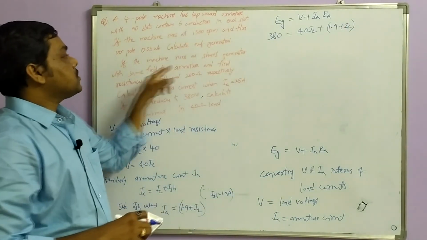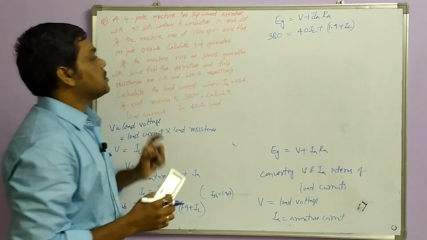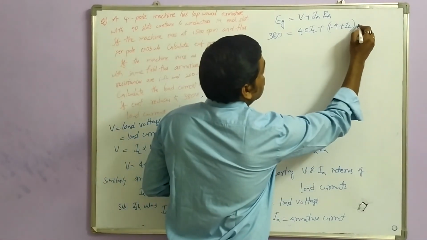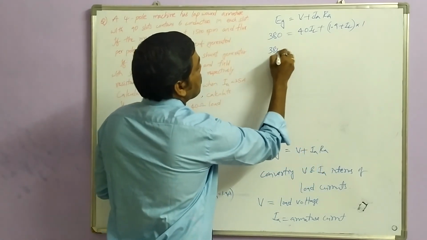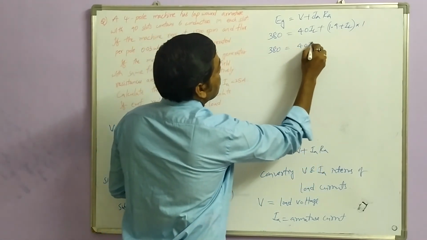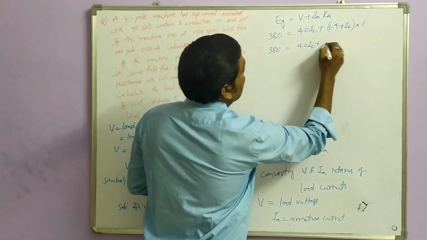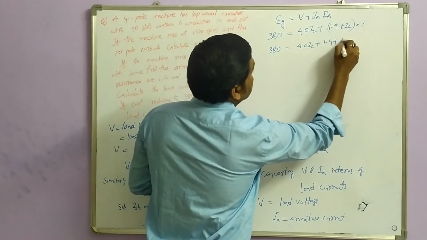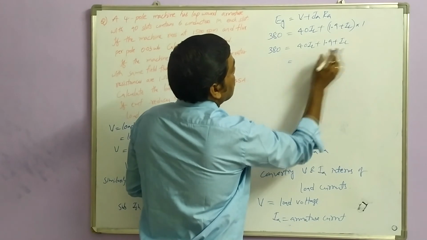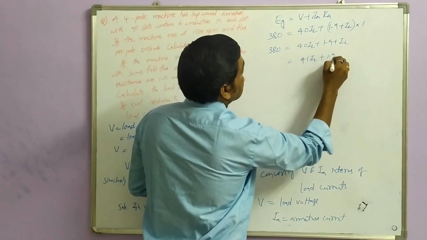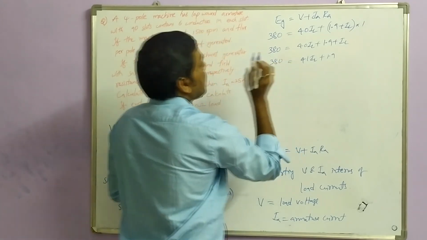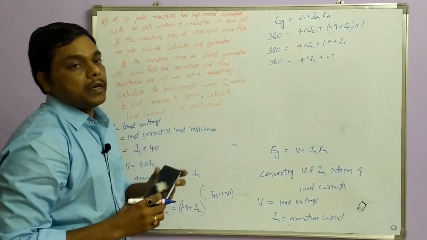And what is armature resistance? So armature resistance is only 1 ohm, so you just multiply with 1. Now simplifying this, 40 into IL plus 1.9 plus IL. Now separating IL terms, 41 into IL plus 1.9, and it is equal to 380.